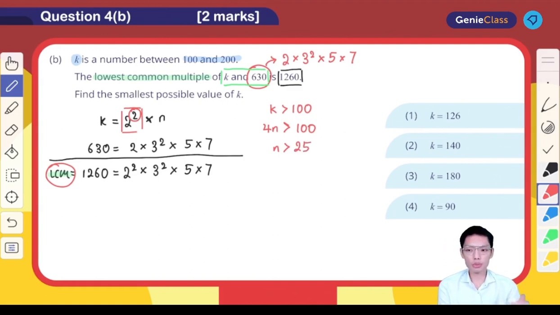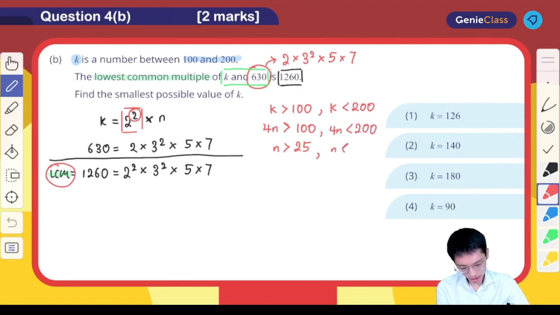But of course, it has to be less than 200, so 4N is less than 200, and N is less than 50. So that's something you can look out for. The range of values we can look out for is 25 < N < 50.